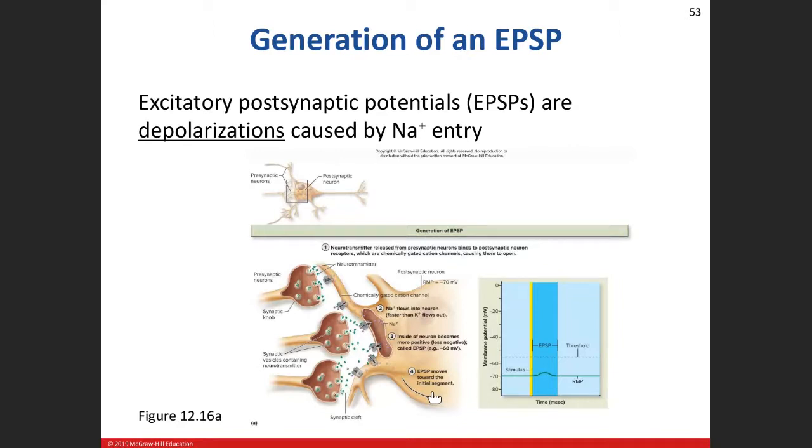It has to get to that initial segment and achieve that -55 threshold value there. But as it moves across the plasma membrane, it experiences resistance from the cytosol, so it becomes weaker, weaker, and weaker, and it can die out. It just depends on how big it is.